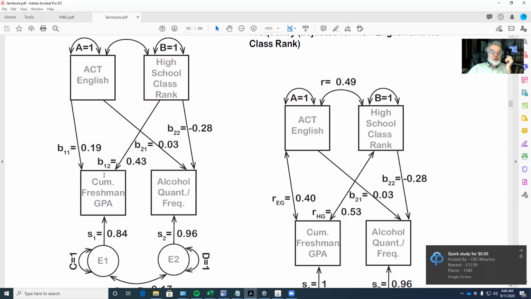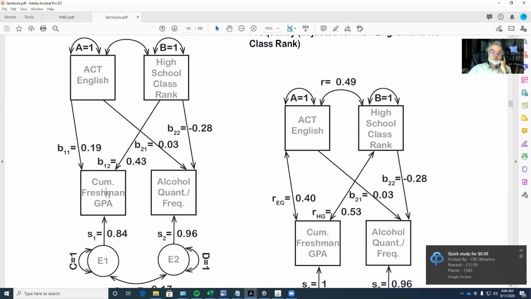If we ignore one half for the moment and just look at this part of the diagram, this is the error term, and we're making use of our 2 ways of expressing error term that we talked about earlier. I'm going to fix the variance of error here to 1, and freely estimate this path. This path has, as its interpretation, the standard deviation of the error associated with this criterion variable.